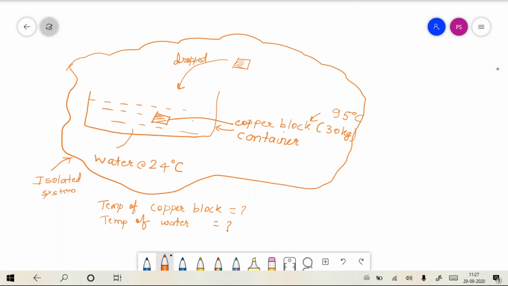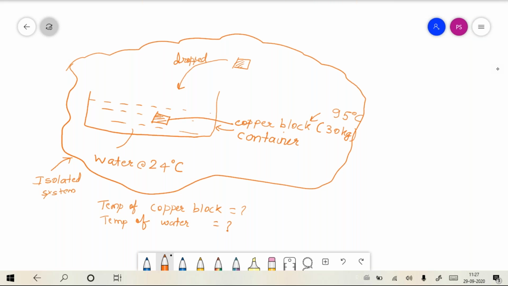Anybody else who has got the answer apart from Kunal and Sushant? Okay, both Kunal and Sushant have answered it correctly, and it is very simple actually.